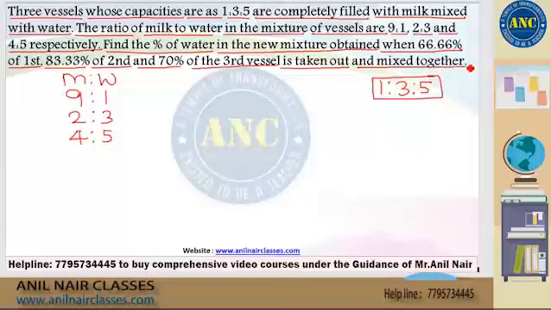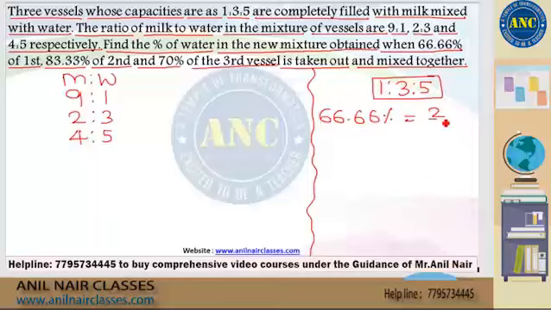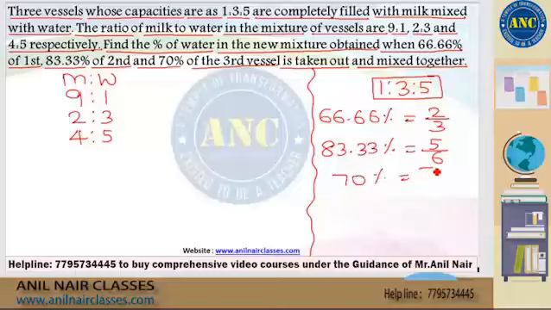That means they are saying that it is also mixed in the ratio of 66.66%. These are all some things which I have taken in my first session on mixtures. 66.66%, which is nothing but 2 by 3. 83.33%, it is nothing but 5 by 6. 70% is nothing but 7 by 10.